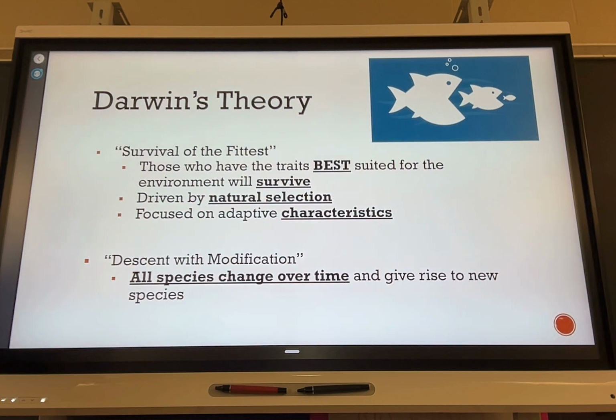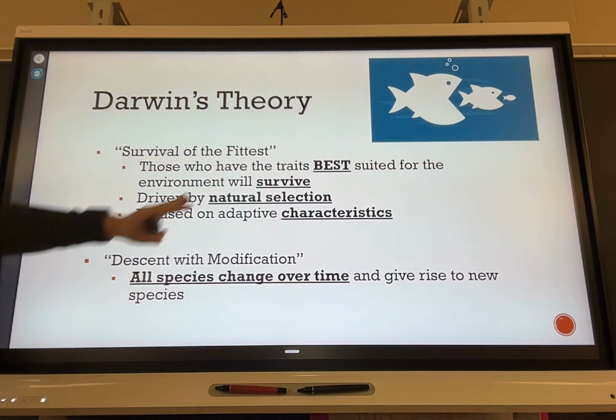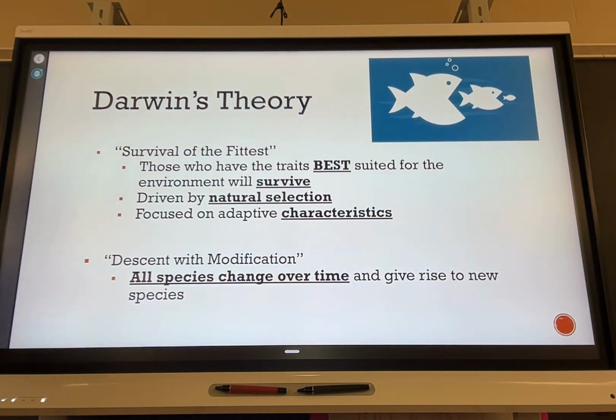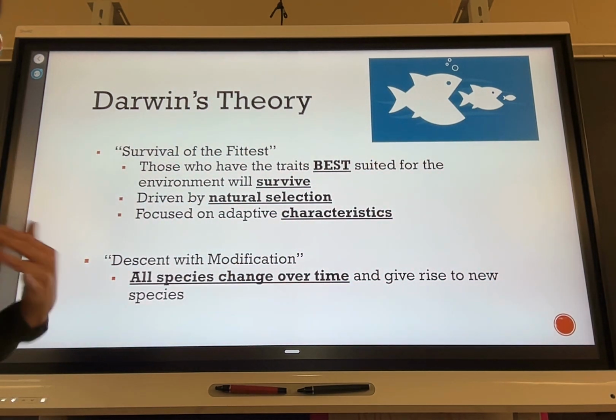And this is going to be driven by natural selection. So the selection of these best suited traits, so that only the ones that have the best traits are going to reproduce. However, he focused mostly on adaptive characteristics, such as beak size, coat thickness, neck length, mostly physical characteristics.